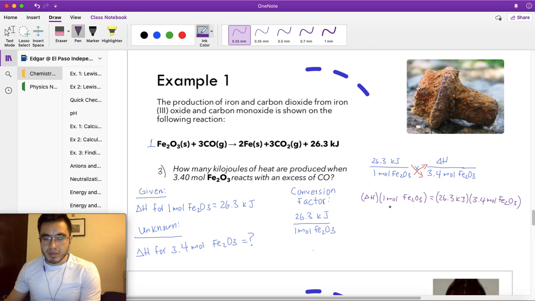Now we solve for delta H. First thing is divide by 1 mole of rust because we want delta H by itself. So divide both sides, don't forget, by 1 mole of rust.